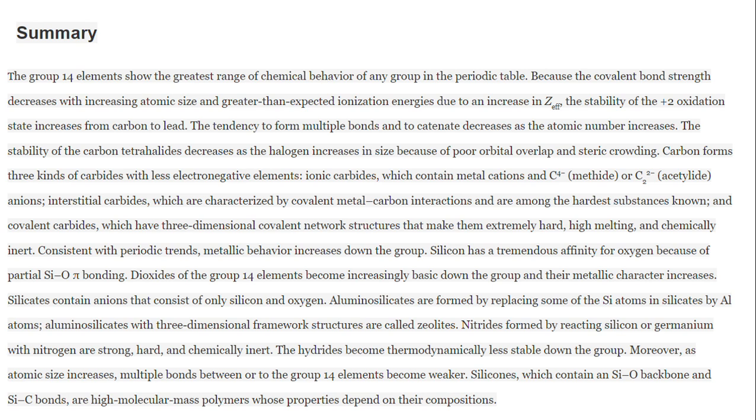Consistent with the periodic trends, metallic behavior increases down the group.